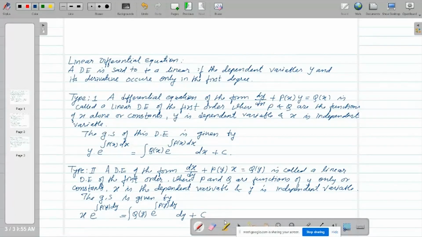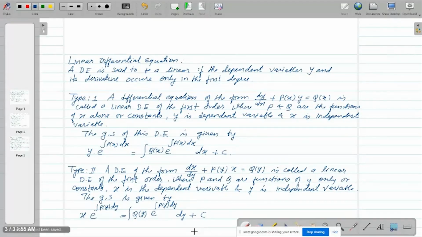Okay, so this is the general solution of the differential equation of the form dx upon dy plus P y x equal to Q y, where P and Q are both functions of y or constants.